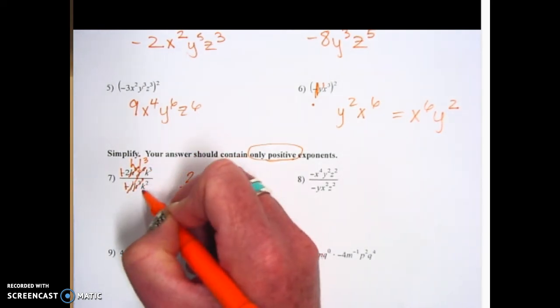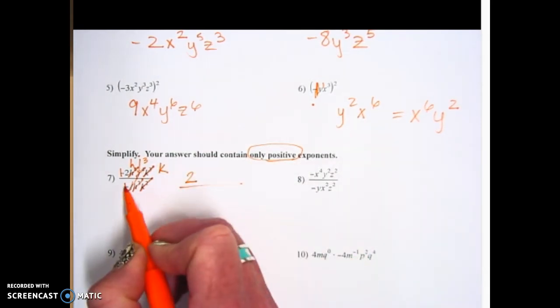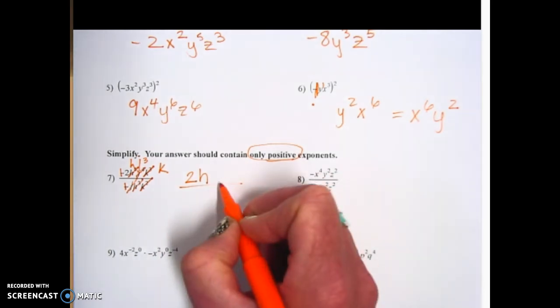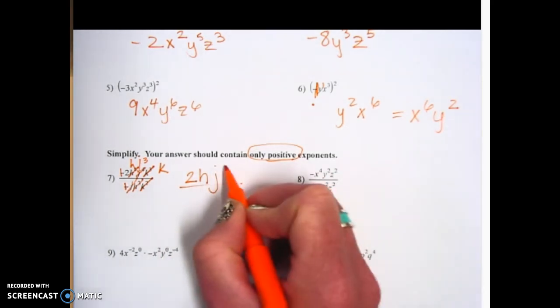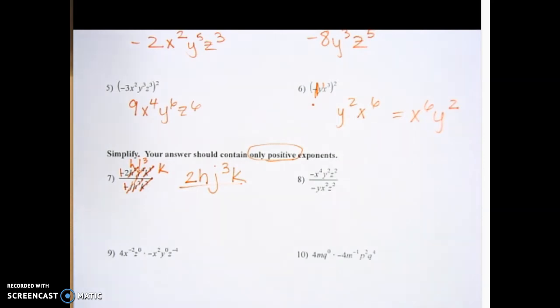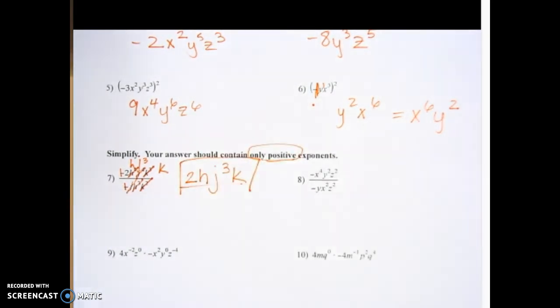K to the second and k to the third, that one completely cancels, and that becomes k. So let's see, alphabetical order, we've got h to the first, j to the third, k to the first, nothing left in the denominator. So you can write it over 1 or just simplify it like that.